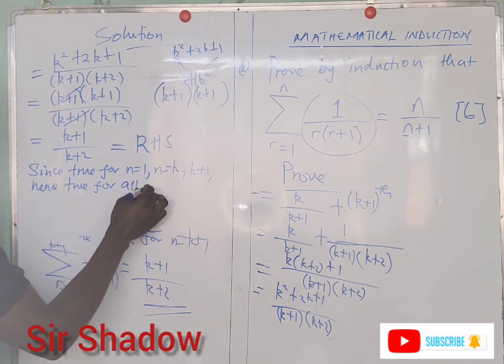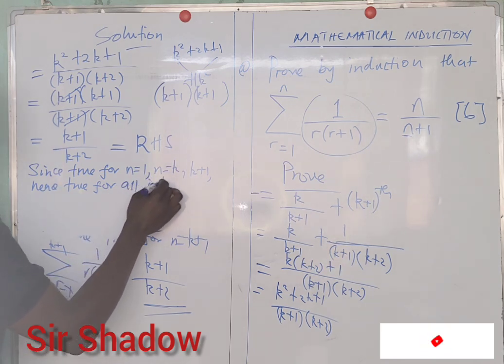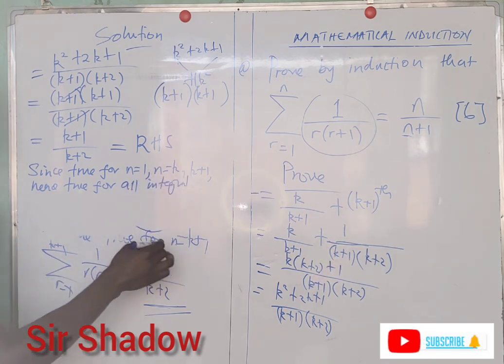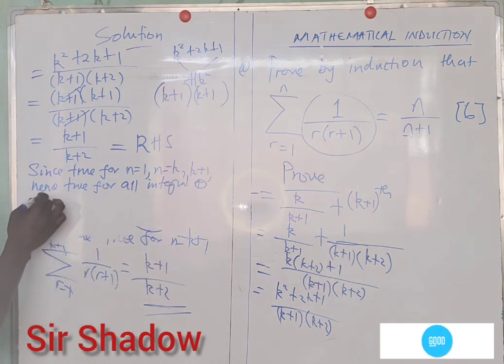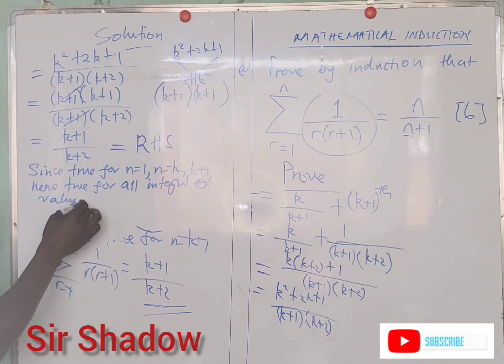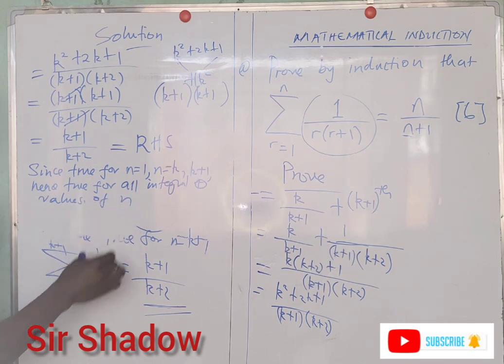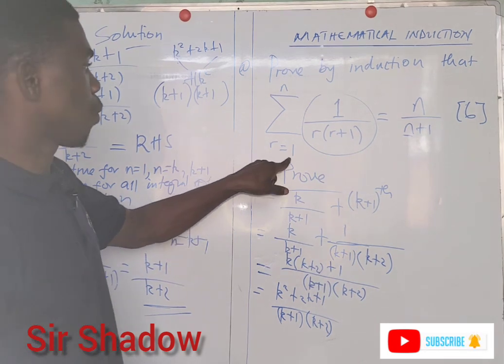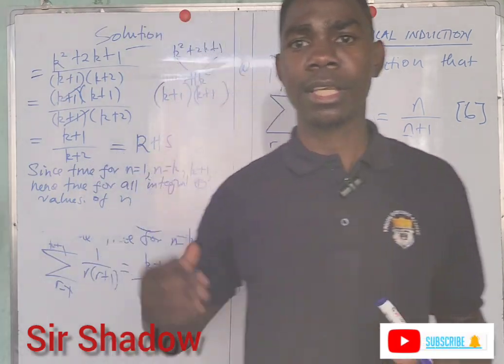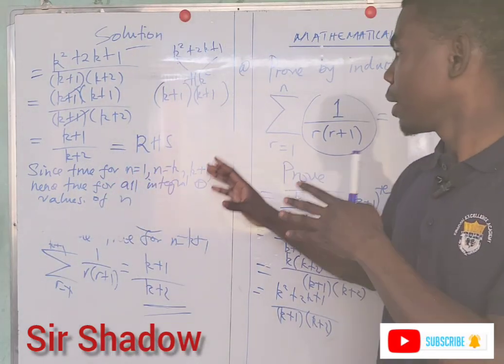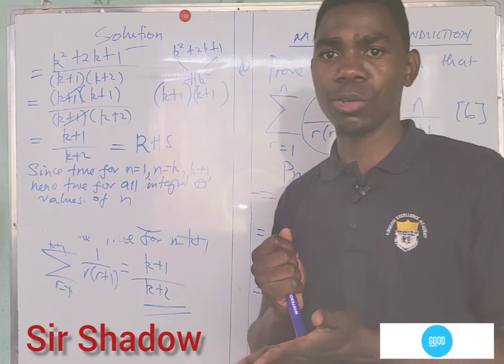Why do we say n? From r is equal to 1 up to n. So this is how to prove summations by mathematical induction using section number 2.